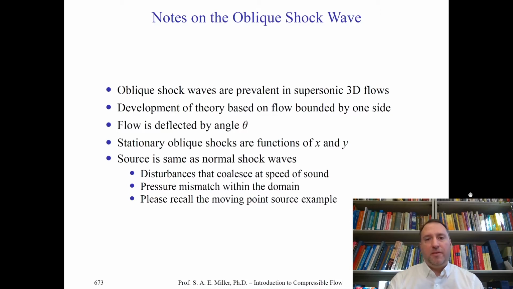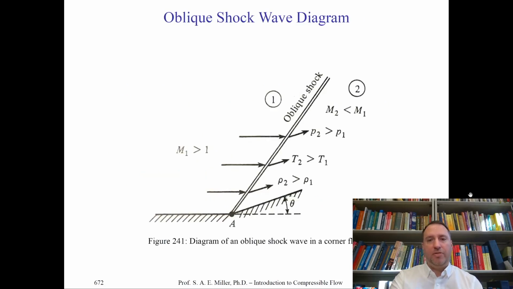So the development of our theory will be based on a flow bounded by one particular side, that is the wall. And from our diagrams, we've seen that in every case, there's a flow deflected or turned into itself by a particular angle, theta. You can see here the flow is turned by theta, and the streamlines are instantaneously turned.